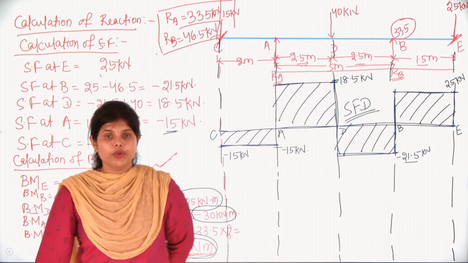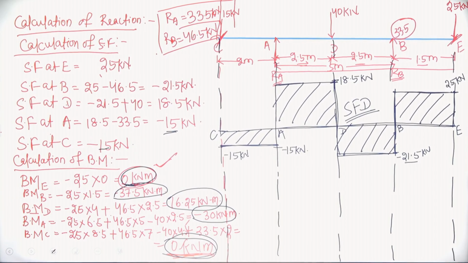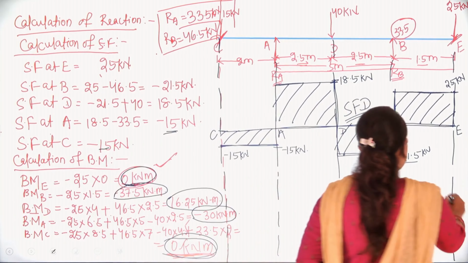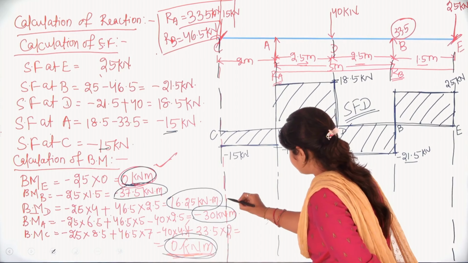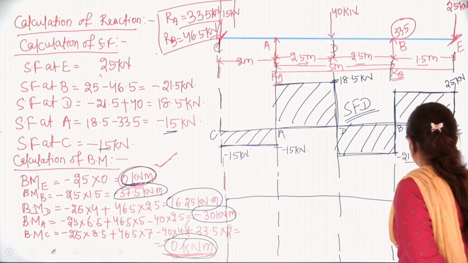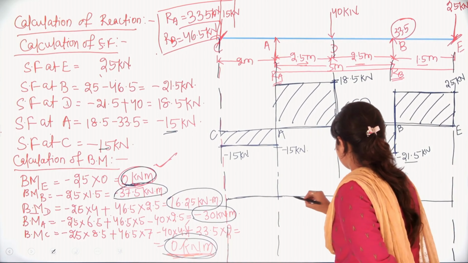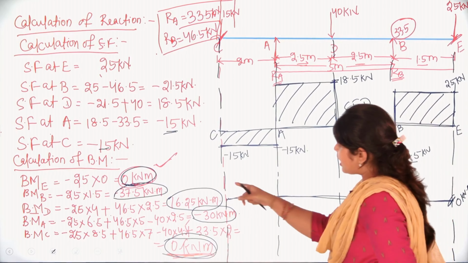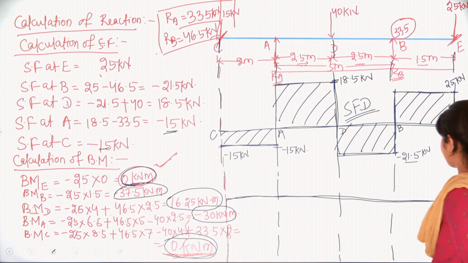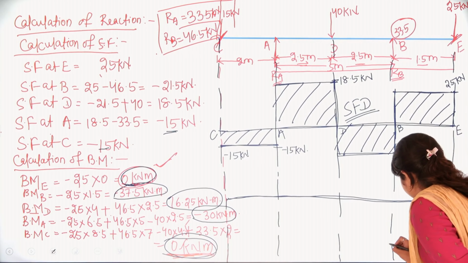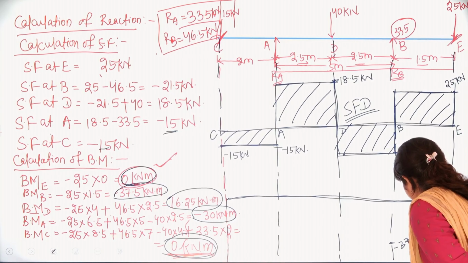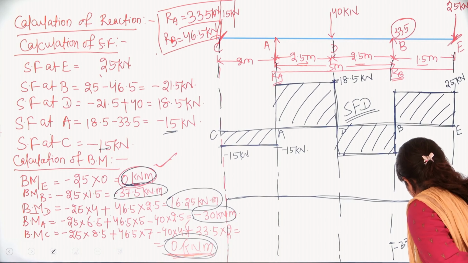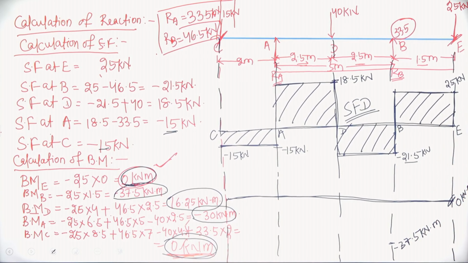Now we will draw the BMD. First we will start from bending moment at E. At point E we have 0 kilonewton meter. Next at B we have negative, that is minus 37.5 kilonewton meter.